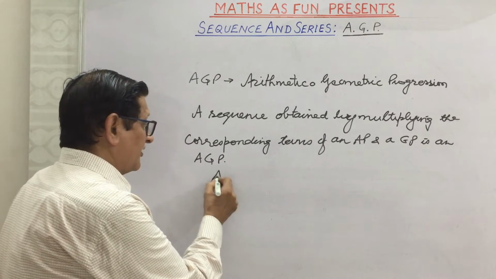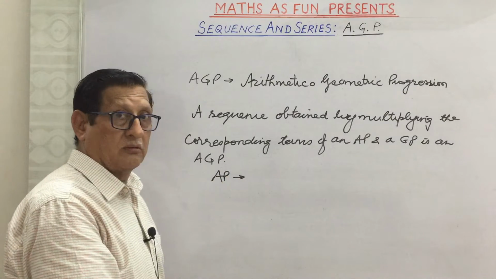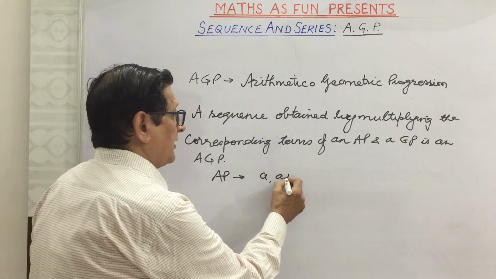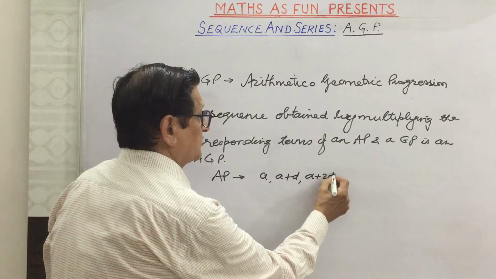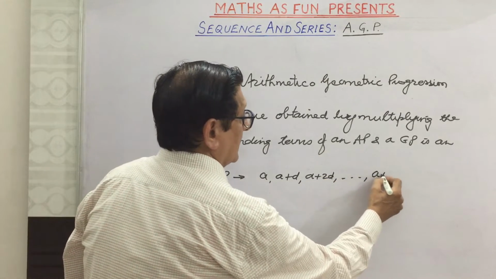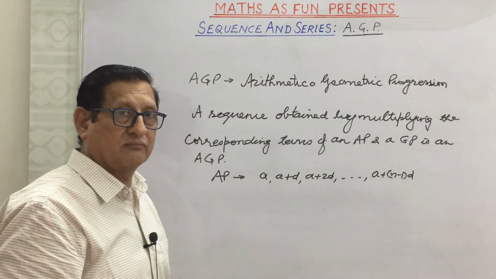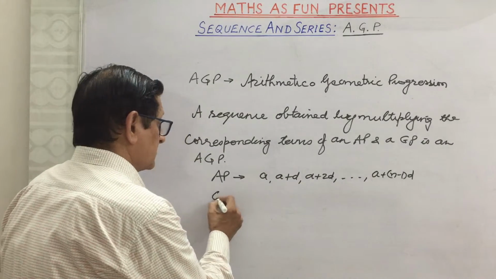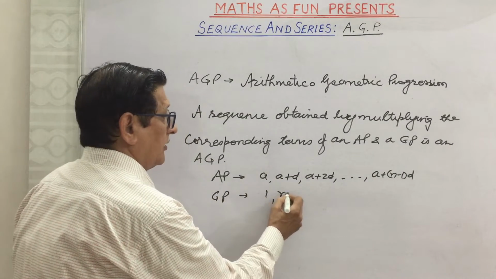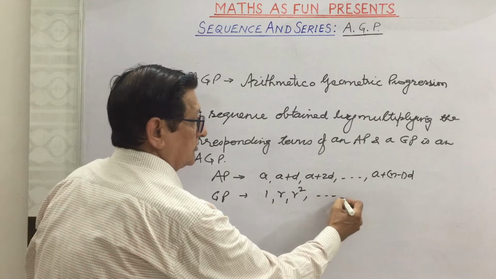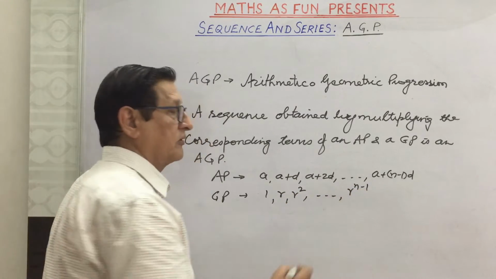Suppose we have an AP, that is a, a plus d, a plus 2d and so on, a plus n minus 1 into d, the general term of AP. And GP is 1, r, r square and so on, r power n minus 1.